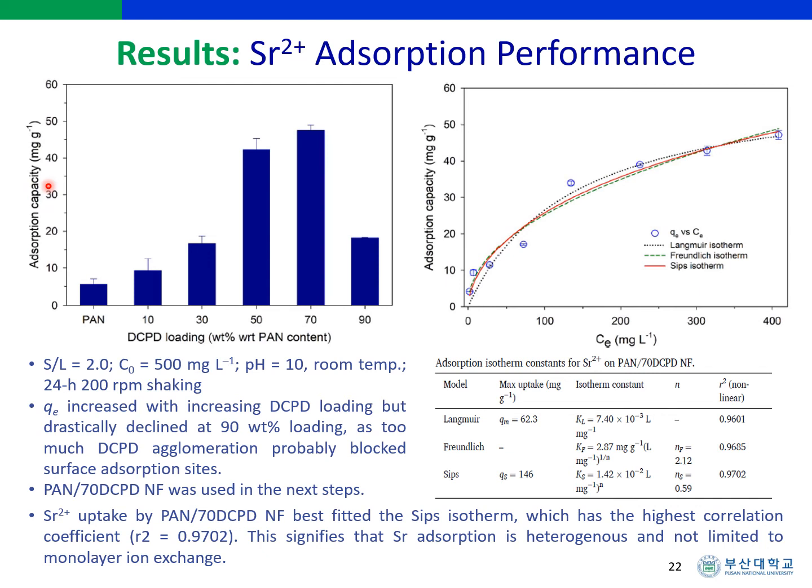This optimum loading resulted in more aggregated DCPD particles protruded on or below across the composite nanofibers, as revealed by the SEM images in the previous slides. More exposed DCPD surfaces led to higher accessibility of adsorption sites for strontium ions, thus the high QS, or ChE's maximum adsorption capacity of PAN-70 DCPD-NF.